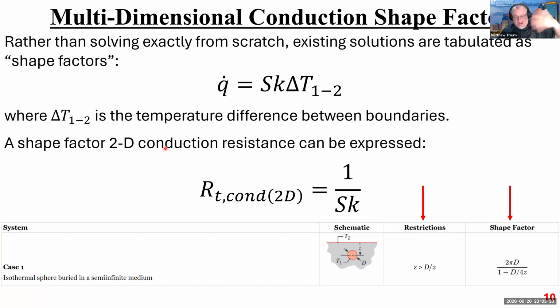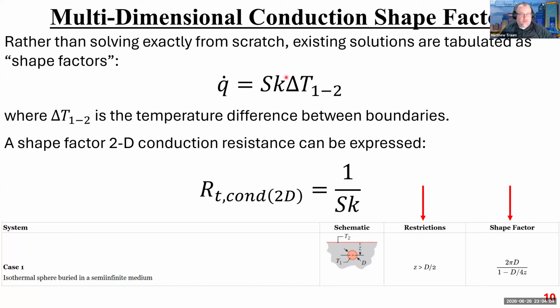Classic engineering: let the mathematician do all the hard work, then take all their results and put them in a table that you look up in a book. So that's basically what shape factors are: the exact solutions to slightly more complicated geometries that engineers probably don't have the mathematical chops to solve from first principles, but we just steal from mathematicians because we're awesome that way. So I say here, rather than solving exactly from scratch, the existing solutions are tabulated as so-called shape factors.